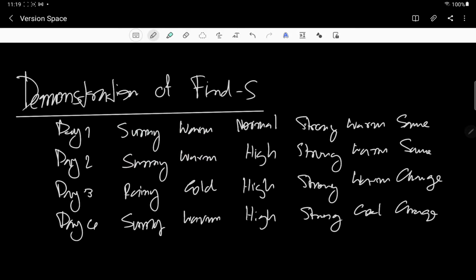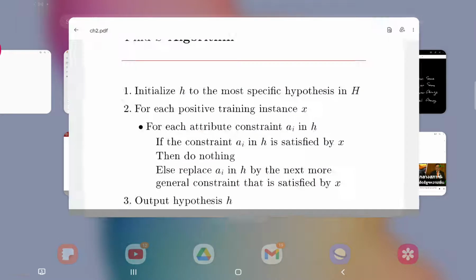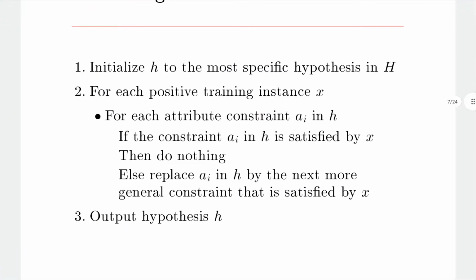I'd like to remind you that Find-S is quite easy: we have to work with all positive examples, and for each attribute in the hypothesis, if it cannot cover the example, if it's not satisfied by x, we have to change it, right?